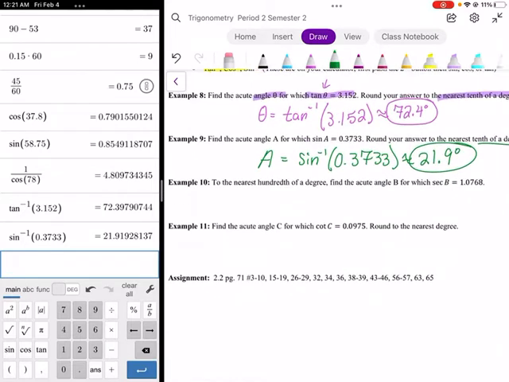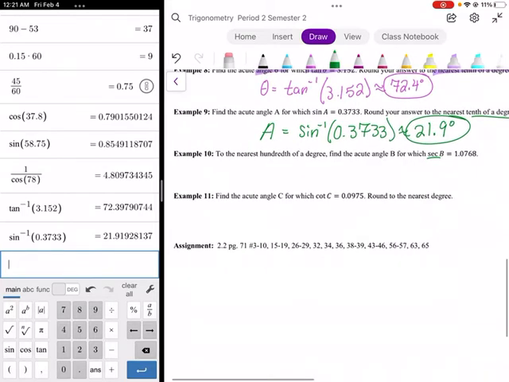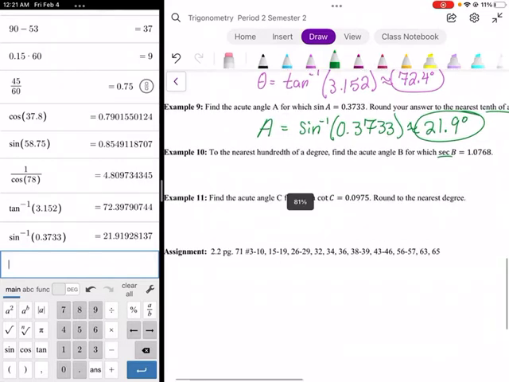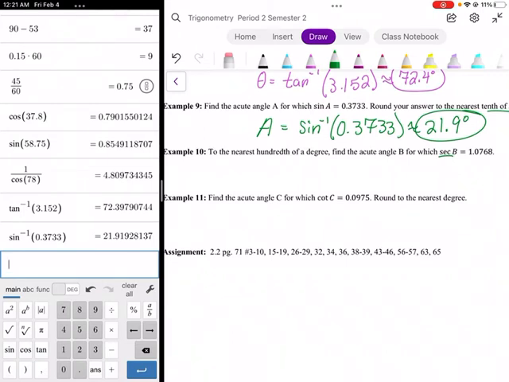The part that is just a little bit different is when we do our reciprocal functions. For these ones, we have secant of b equals 1.0768. Now, I'm going to show you how to work out this problem if you don't remember the shortcut, and then I'm going to show you the shortcuts. So for this one, we know secant is the same as 1 over cosine of b.